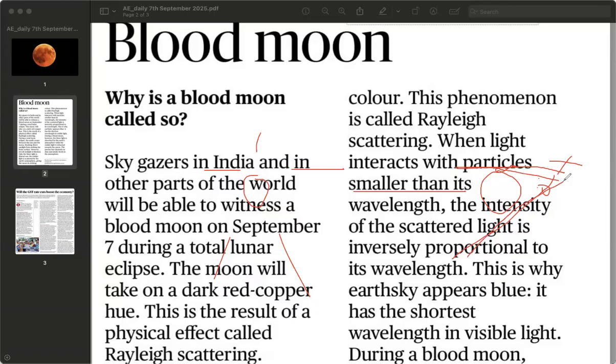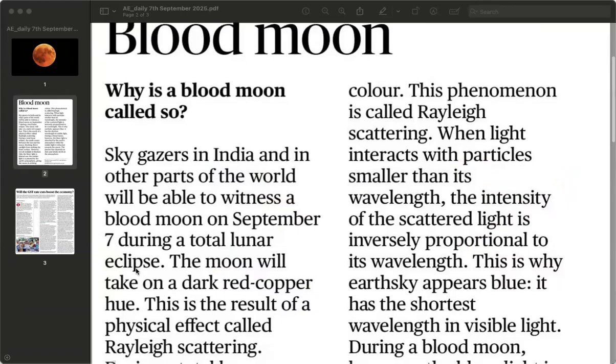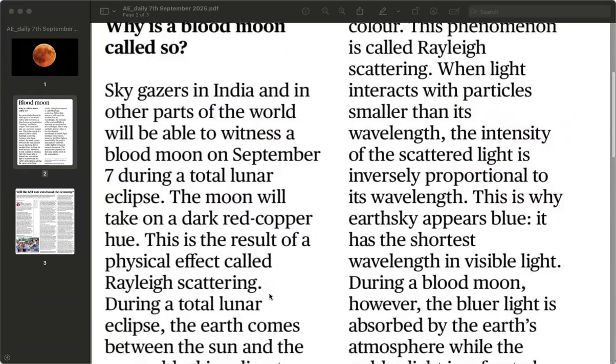Now, why does the moon turn red then? Why does it appear red? Right, students, the answer lies in a process called Rayleigh scattering.